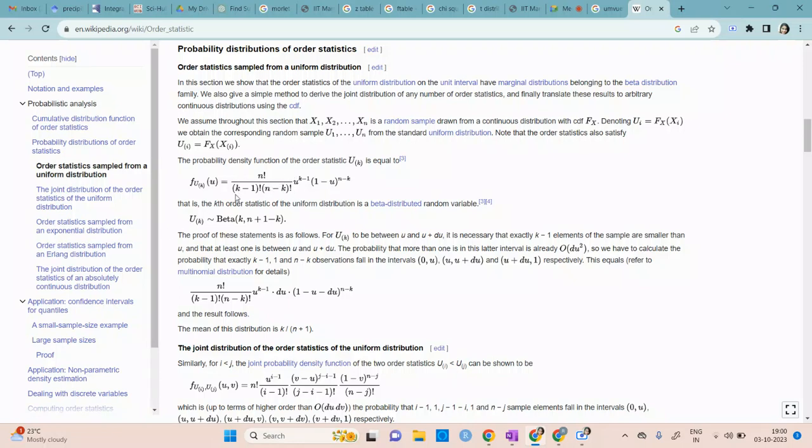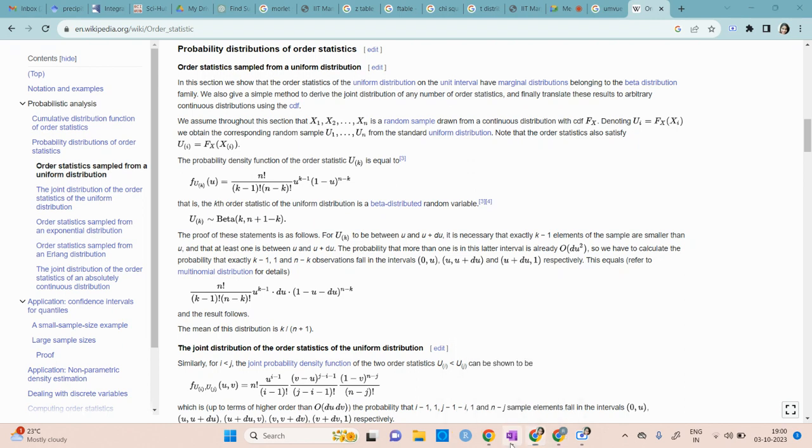Now k is m here, or n, whatsoever you say. So it will be n upon n minus 1, so we will be left with n, right? And then n minus n will be 0. Then u to the power n minus 1. So we will have n and u to the power n minus 1, and this is for u01.